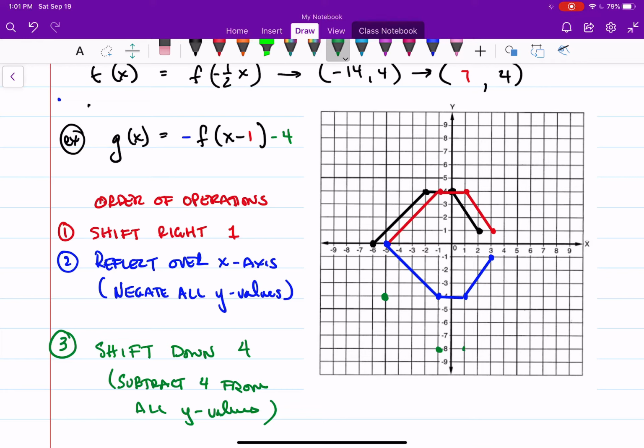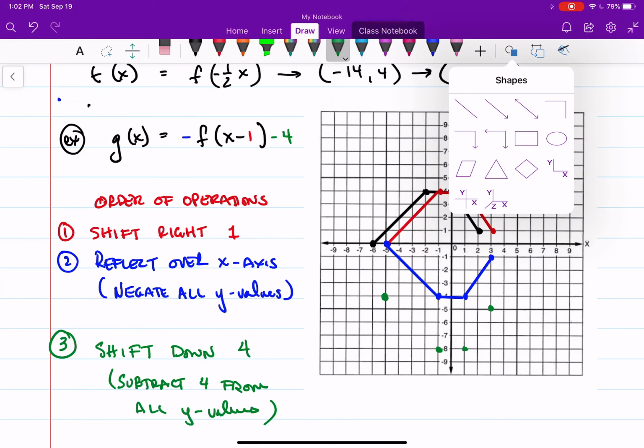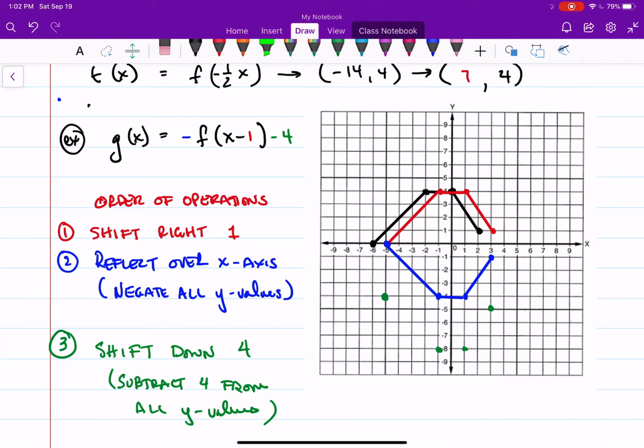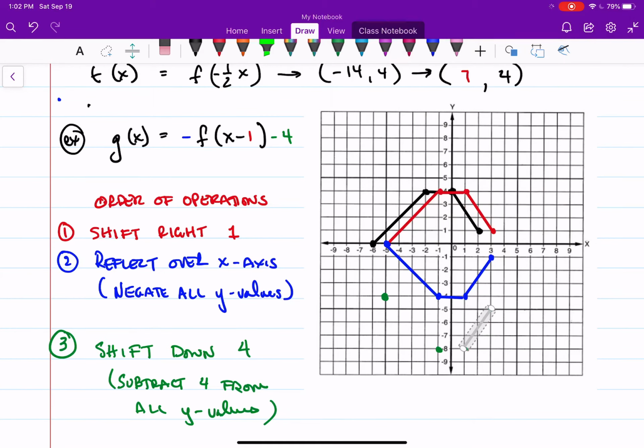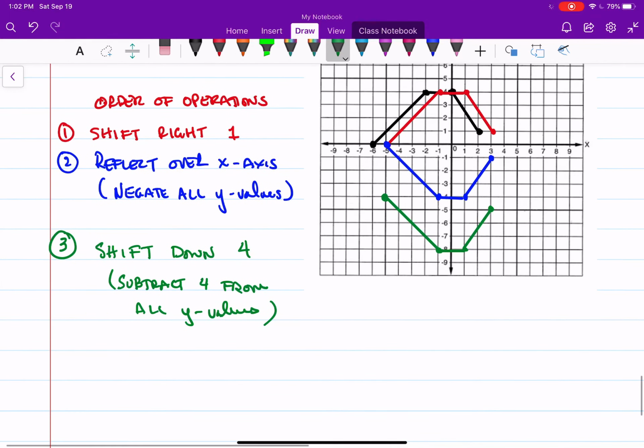Negative 4, negative 8. 3, negative 1. Negative 1 would be now negative 5. Okay. So my green graph is my final graph.